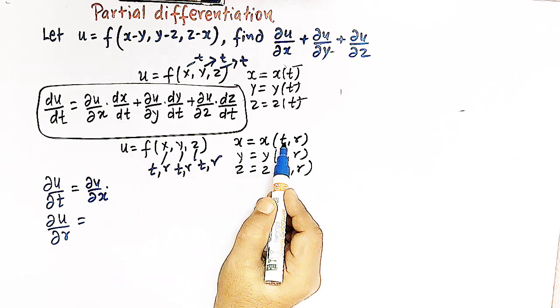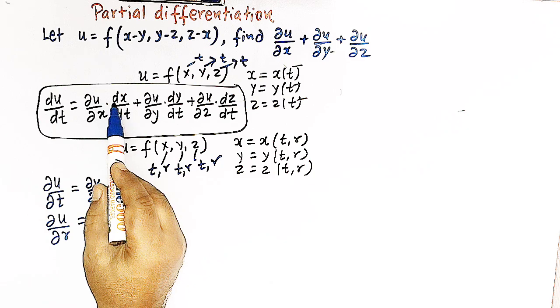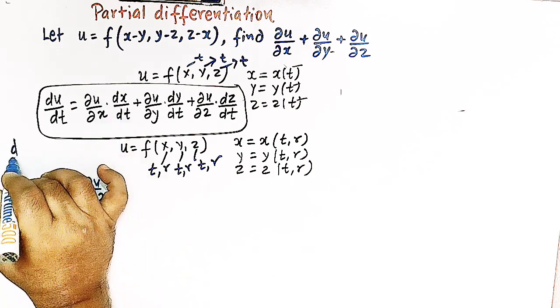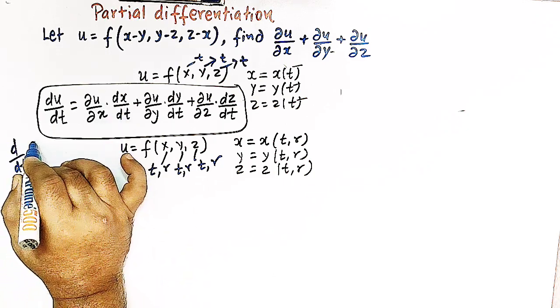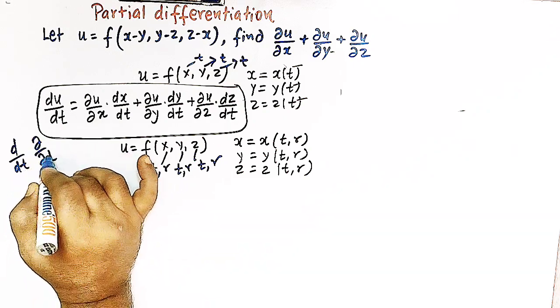Now here x is a function of two variables, so we have to replace these derivatives, that is d by dt, by the partial derivative notation, that is del over del t.